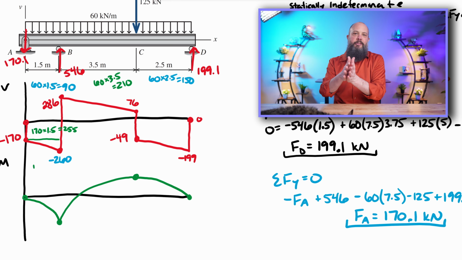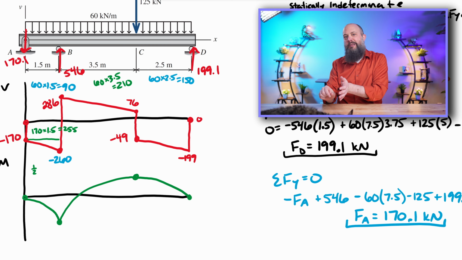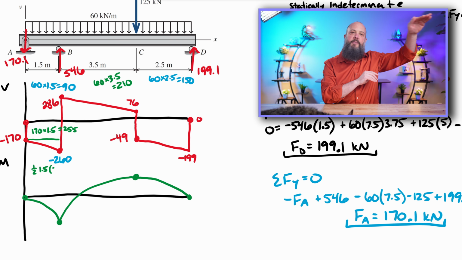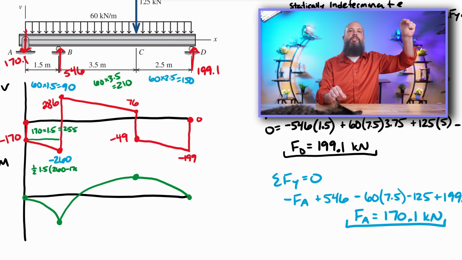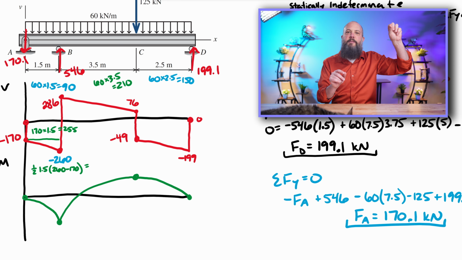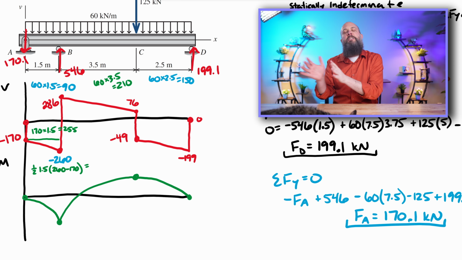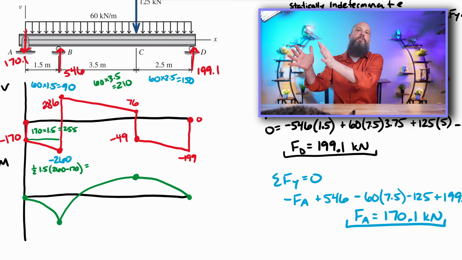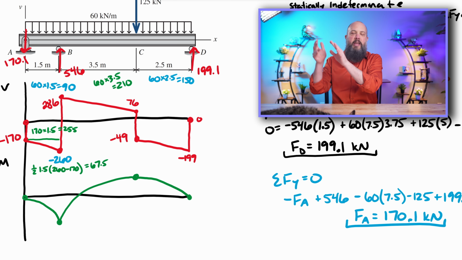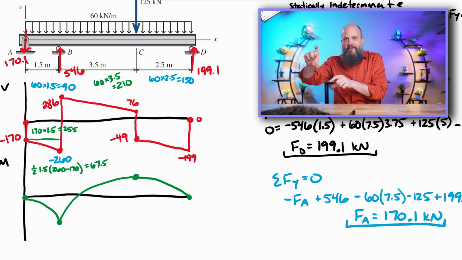So this gives us two candidates where the maximum moment could be. It's either at the negative cusp or the top of that peak. One of those two positions will be the maximum, so we just need to find the two values. To find the value at the cusp, I just need the area of this trapezoid on the left-hand side. The area of the rectangle is 170 times 1.5.